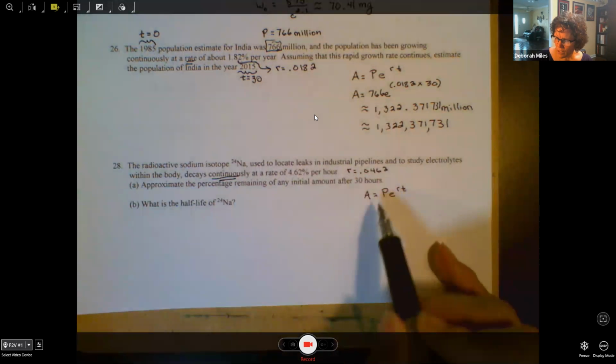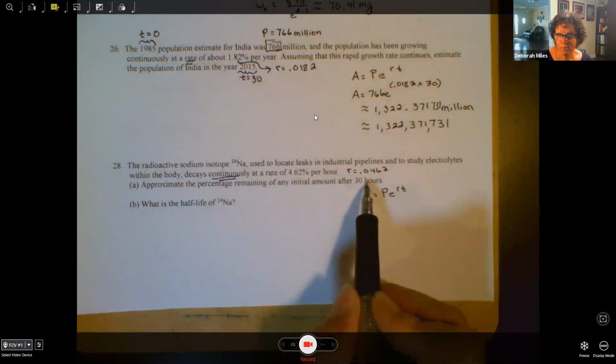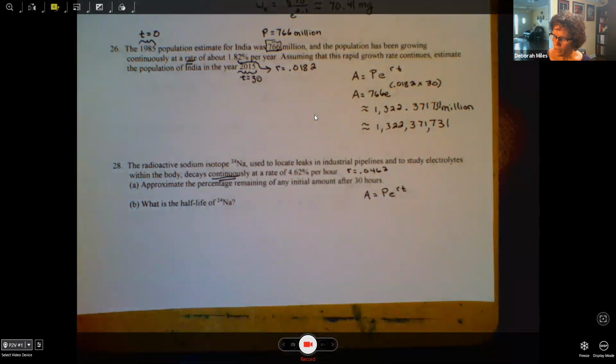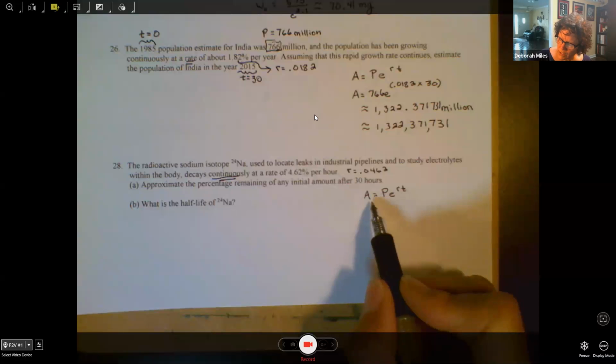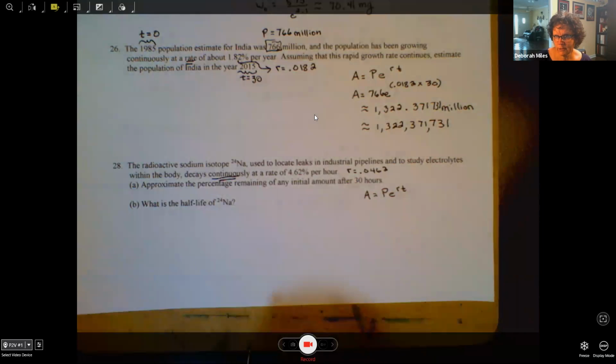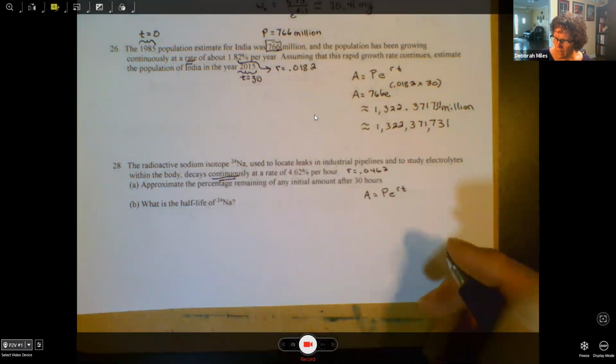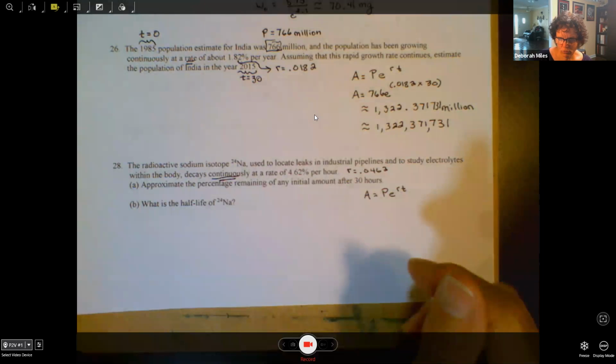Well, once again, we have an equation with 4 variables in it, but we're only given the value of 2 of them. We're given R and we're given T. We're looking for what percent of the original is left after this 30 hours. How do you get a percent of an original?